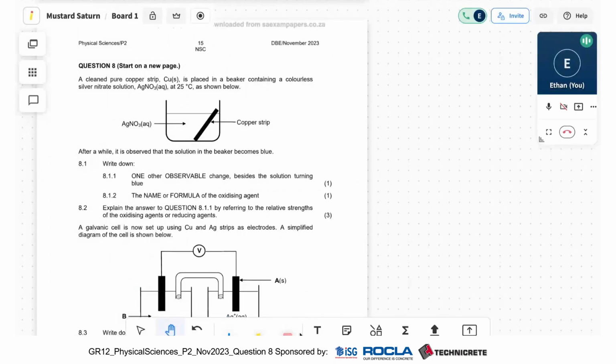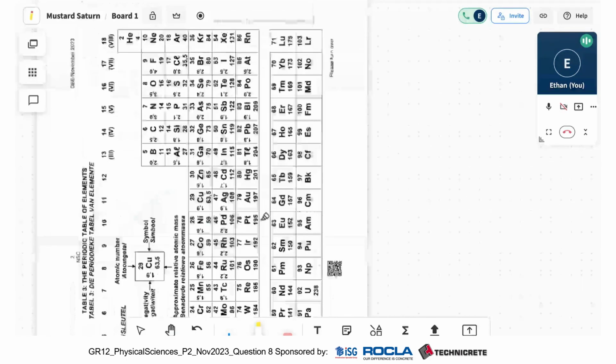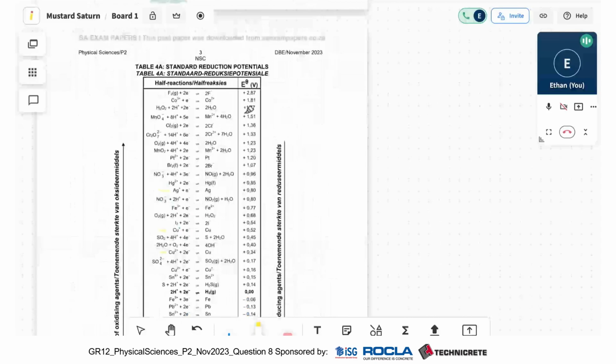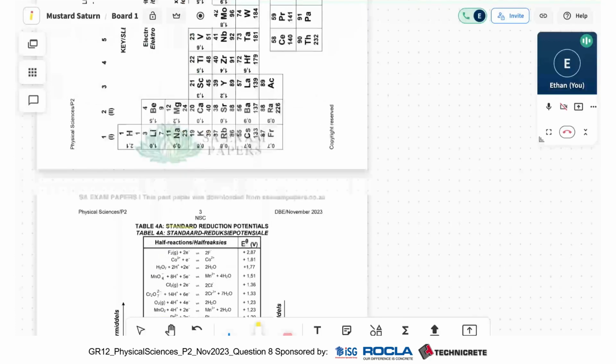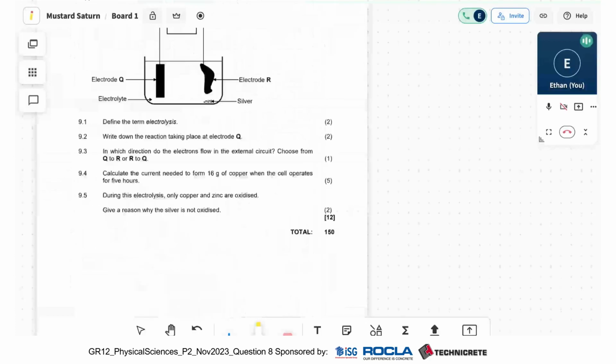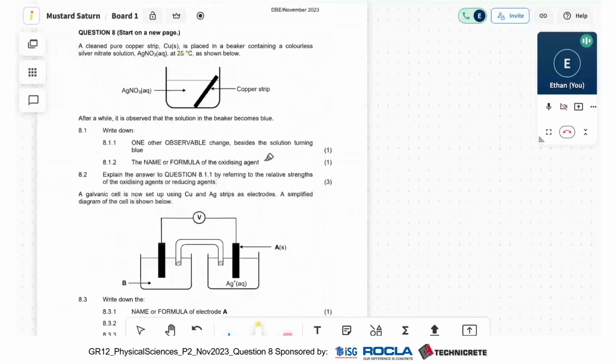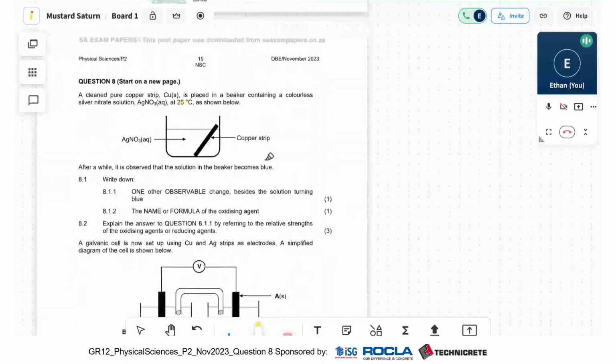So just to point out a couple of things, they do make a point of saying 25 because when we scroll down to have a look at our reduction potentials table, these are standard reductions, and standard basically means these are reductions taken at 25 degrees Celsius. So that's just why they're pointing out the temperature, just so that we know that those are the relevant tables that we need to use.